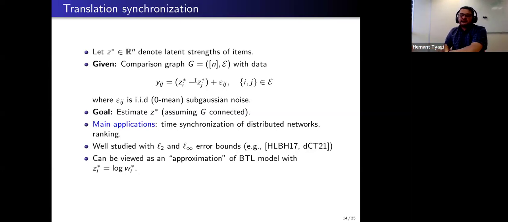So it's not completely arbitrary, where the strength Zi star would be the logarithm of Wi star, where the Wi stars are positive. So it's related to the BTL model. And this has been studied quite extensively with L2 and L infinity error bounds known. But we wanted to study this in the dynamic setting.